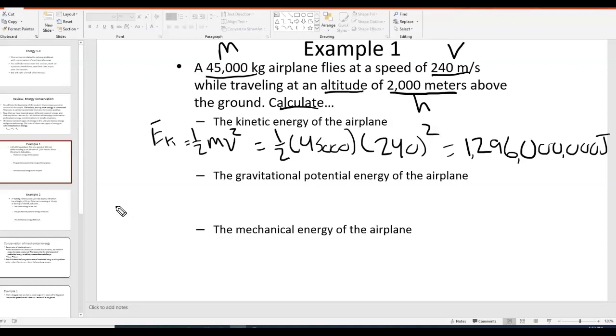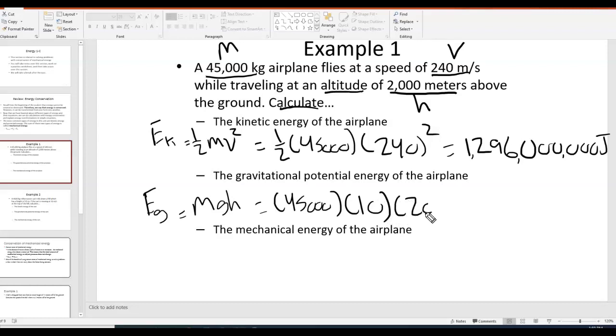Now the gravitational potential energy, which is Eg, that's just mgh. That's going to be the mass times g, which is the acceleration due to gravity. Remember, we use a value of 10 on Earth for that, times the height, which in this case is 2,000 meters. So far this should be very easy. We're just simply plugging into our equations.